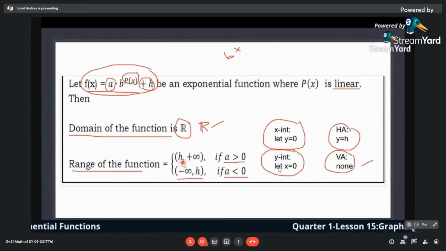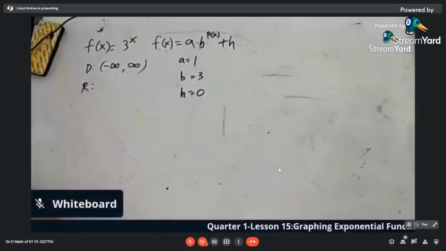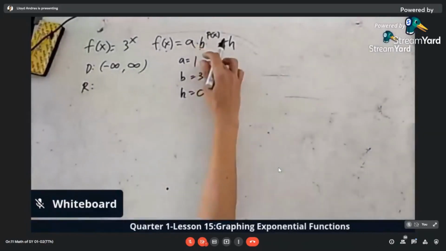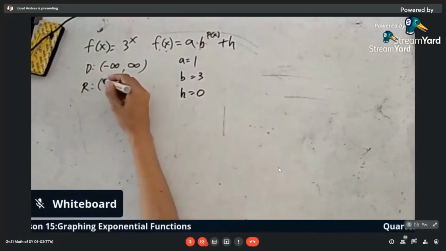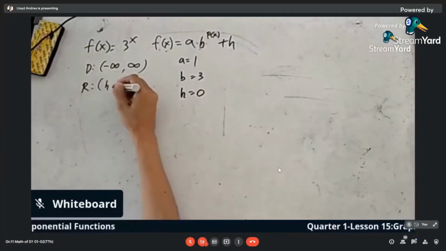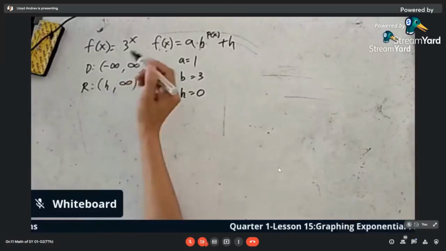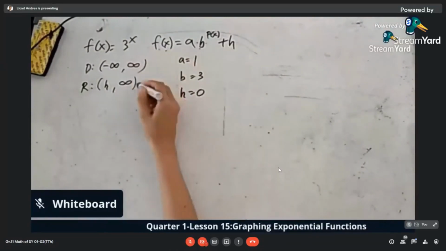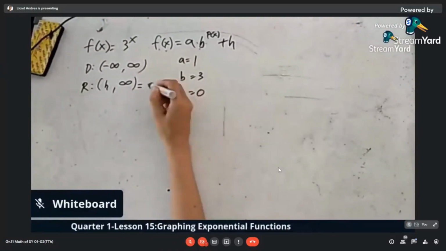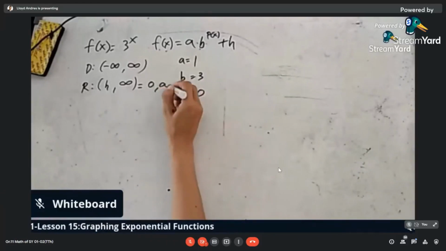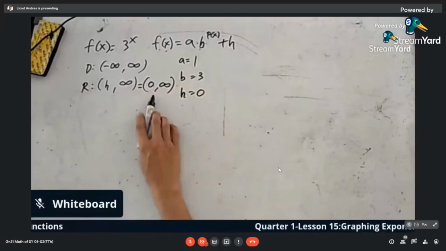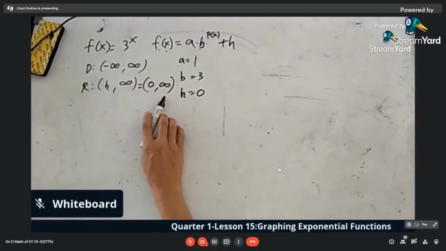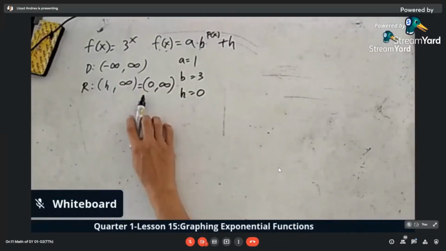Since h is 0, therefore our range is from 0 to positive infinity, so meaning everything greater than 0.